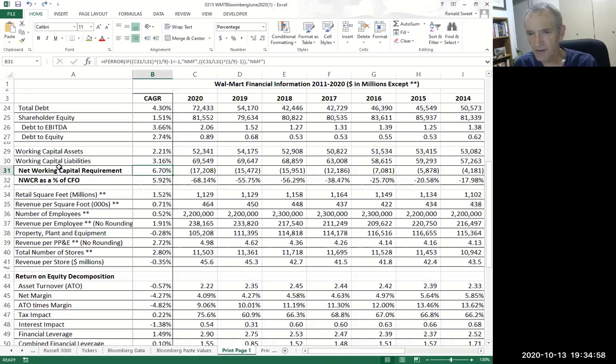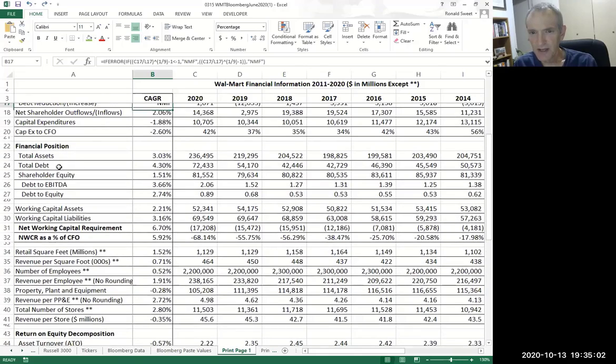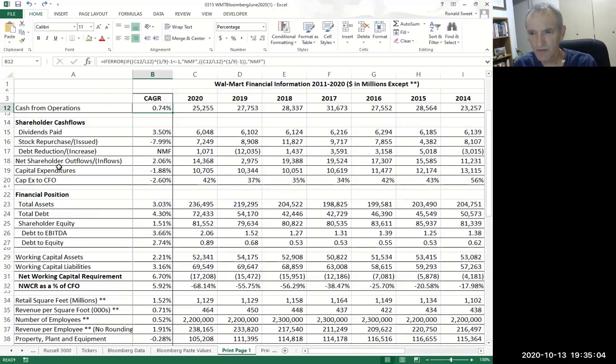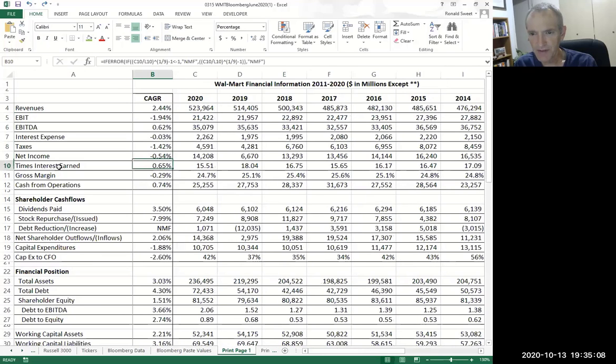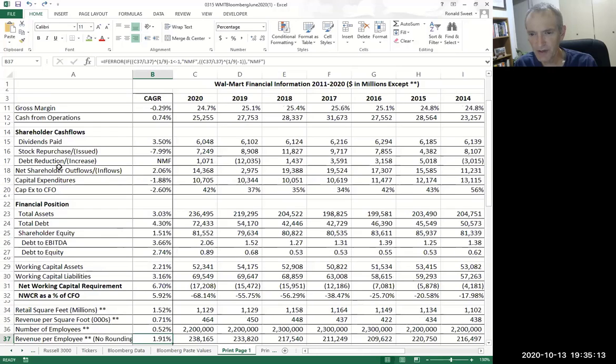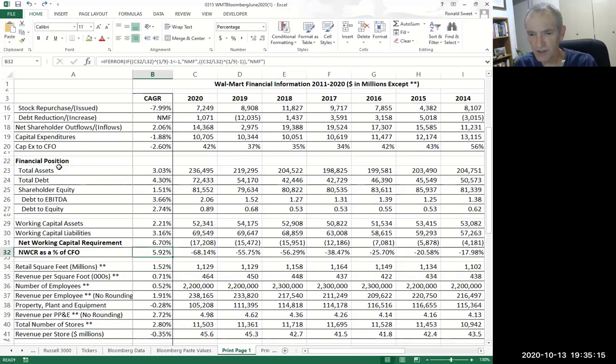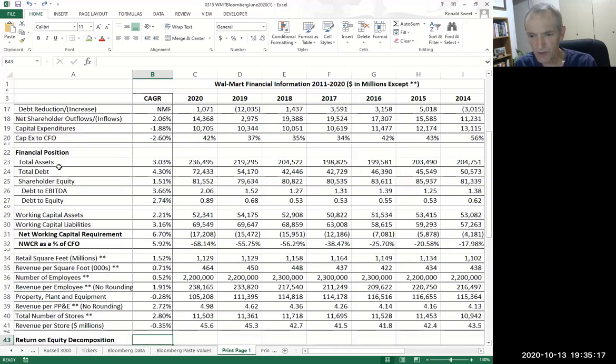So the key with Walmart is that their working capital requirement is a source, and it's been doing extremely well. It's one of the fastest growing things they have on their income statement. Look at everything else: 2%, -1%. Nothing's growing except for their liquidity. Liquidity is much stronger, and so you go to the bottom of print page 1.